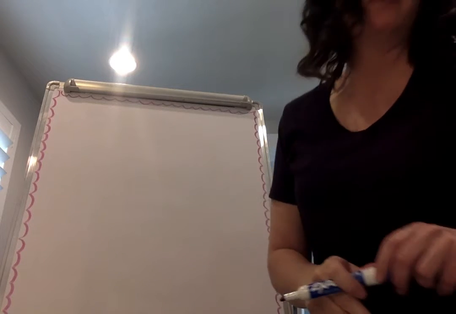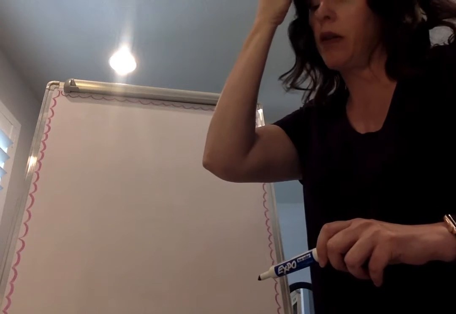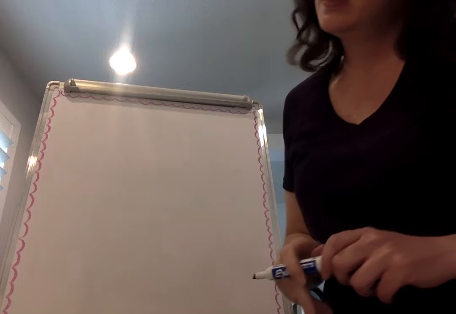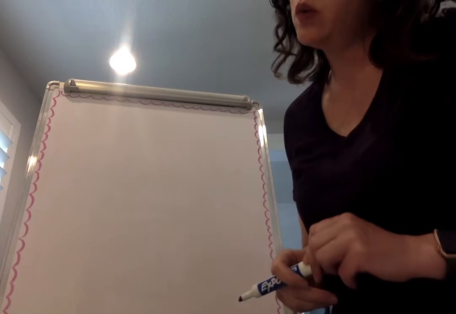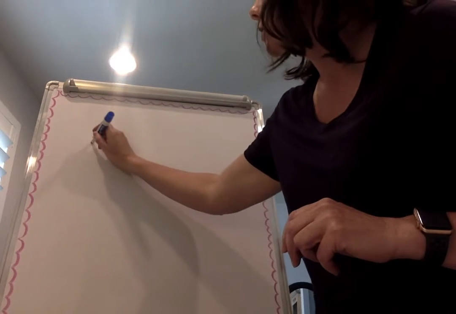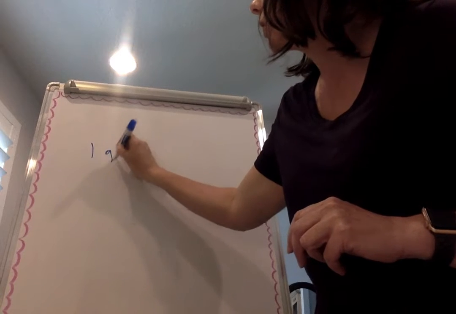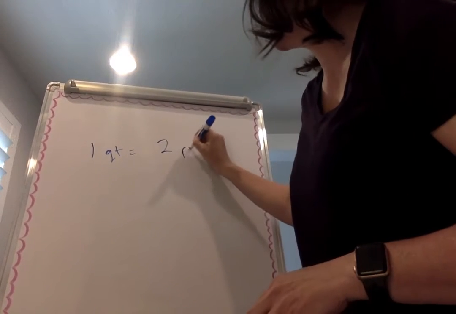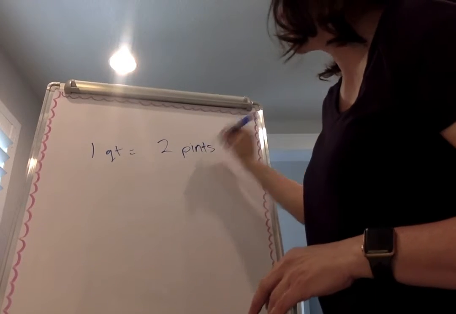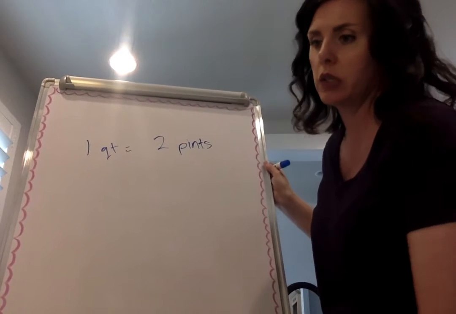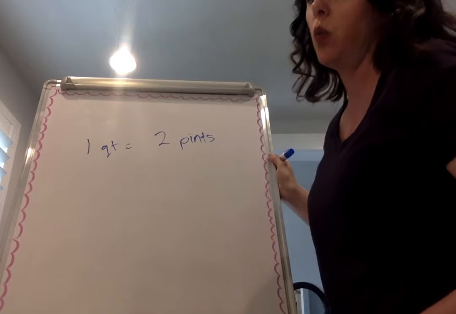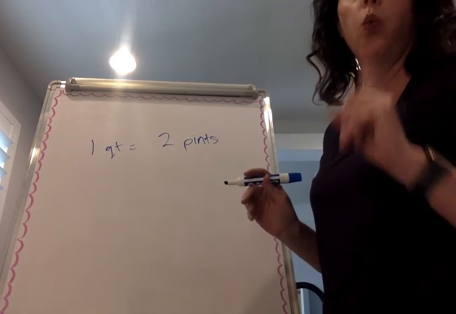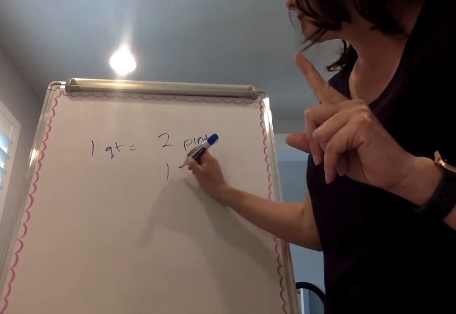Okay, well, we've got to look up in our chart. What fraction of 1 quart? 1 quart equals 2 pints. My handwriting is not great today, I apologize. So what fraction of 1 quart is 1 pint?